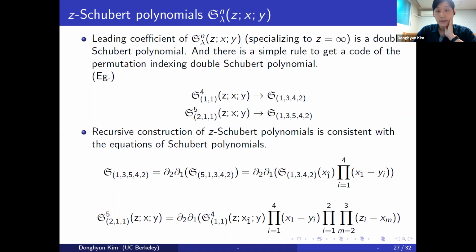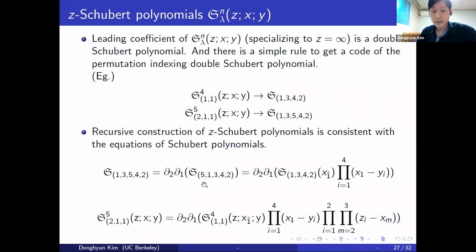And I want to say that the recursive construction of Z Schubert polynomials is consistent with the equations of double Schubert polynomials. So here's the equation of the double Schubert polynomial. The double Schubert polynomial for 1, 3, 5, 4, 2 is obtained by applying the divided difference operators partial 1, partial 2, to the double Schubert polynomial for 5, 1, 3, 4, 2. So if we apply partial 1, then it becomes 1, 5, 3, 4, 2.